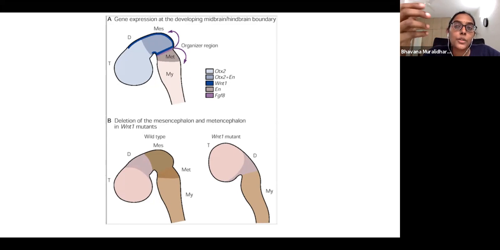But what I'm highlighting to you is some of the key transcription factors or key signaling centers which pattern and which set the pace for the entire region to be patterned. Okay, so I told you about the spinal cord, the hindbrain, and the midbrain hindbrain boundary. What I'm now going to take you into is the front of the brain, which is the forebrain, and how this region is patterned.